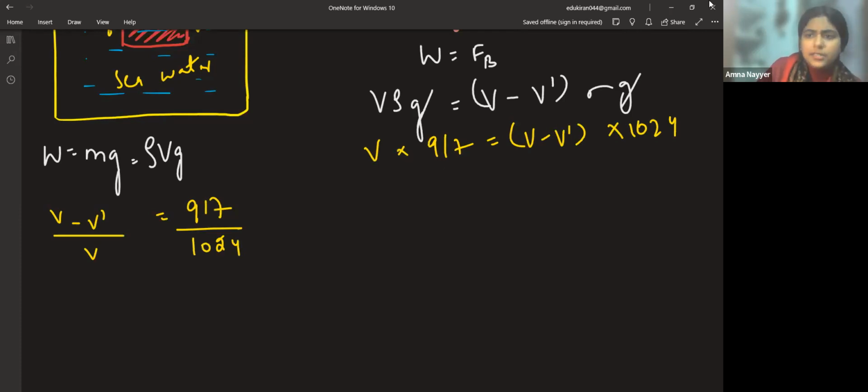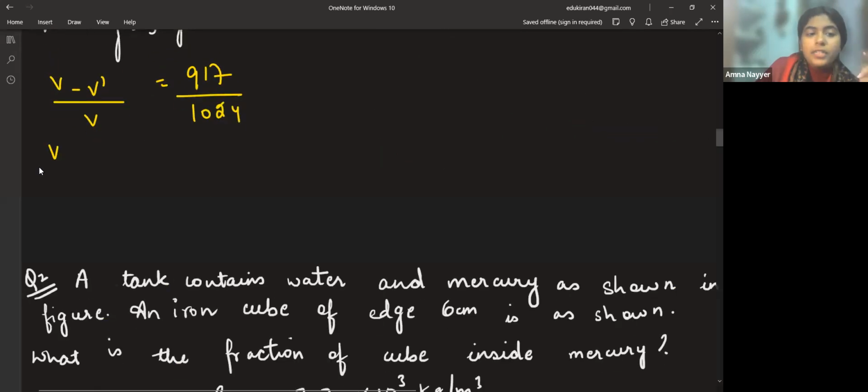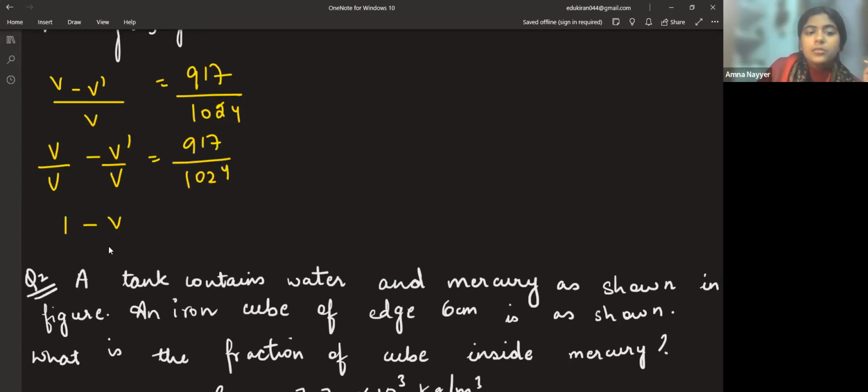I've just interchanged the terms. Understood? From here, V minus V dash by V is also equal to 917 by 1024. That means 1 minus V dash by V is equal to 917 by 1024.